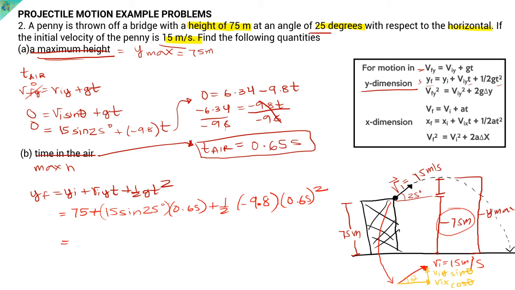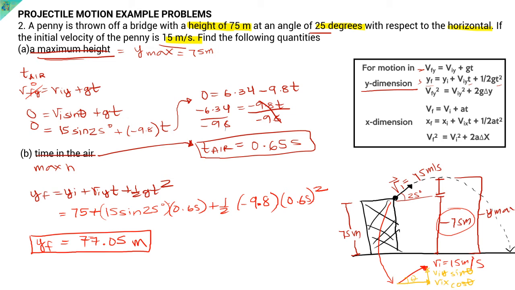Okay, the answer is 77.05 meters, because we are searching for the YF or the Y max. This is the answer here. Okay, so that's how you search for the time in the air and the maximum height in a problem like this.